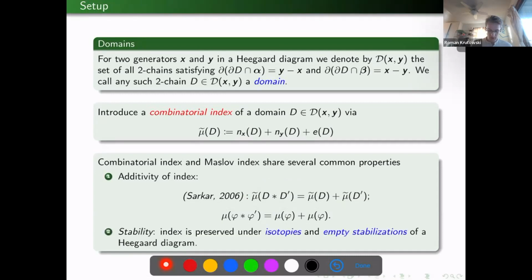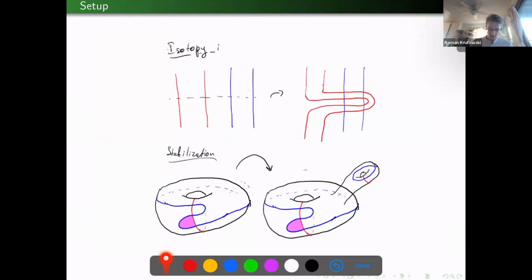Okay, and the other property that I'm going to use is the so-called stability, namely that the index is preserved under some transformations of Heegaard diagrams, namely isotopies and empty stabilization. So what are they? The main example of an isotopy is a so-called finger move. In this picture, we have a finger move along alpha curves.